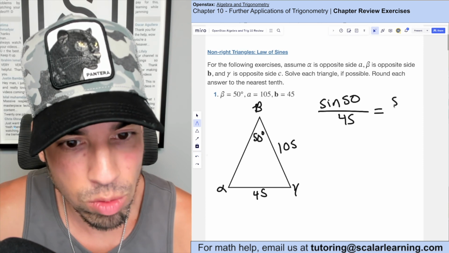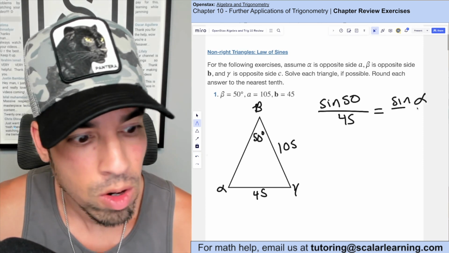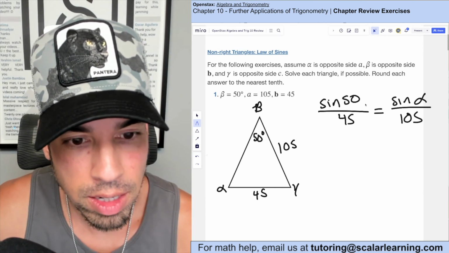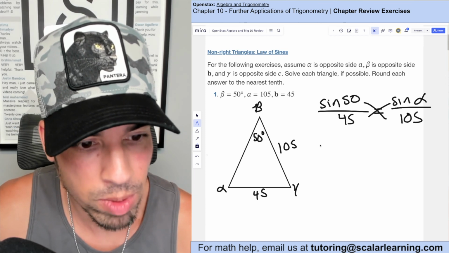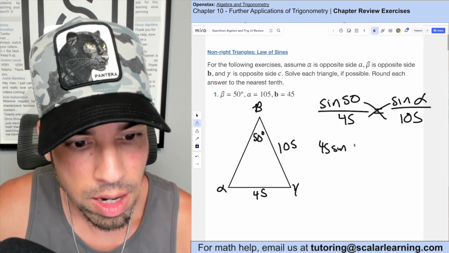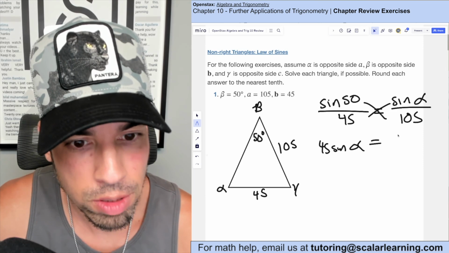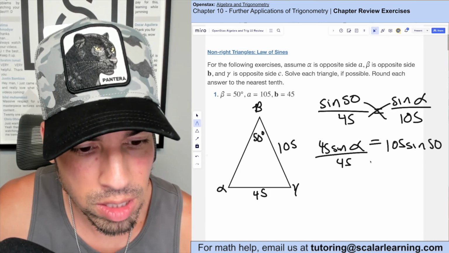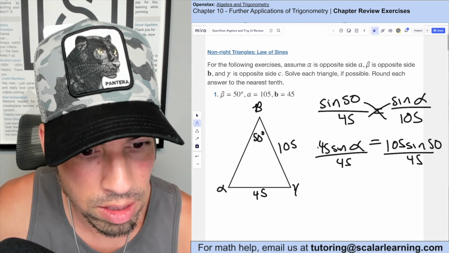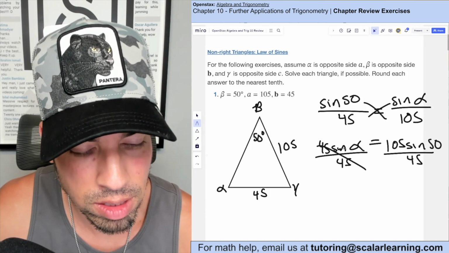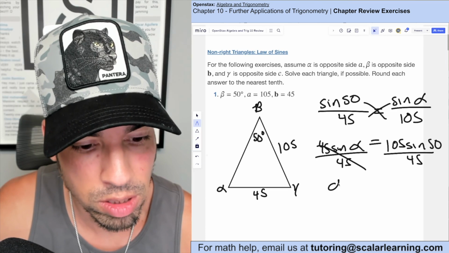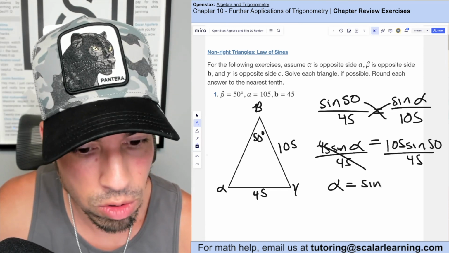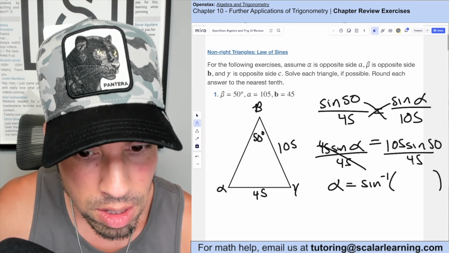So we can say equals sine of alpha over 105, and now we can cross multiply, and we get 45 sine alpha equals 105 times sine of 50. Then we're going to divide both sides by 45 to isolate. Last but not least, I need to get rid of this sine, so I need to take arc sine of both sides. So I say alpha equals arc or inverse sine of this quantity.